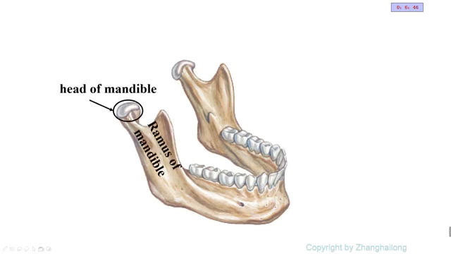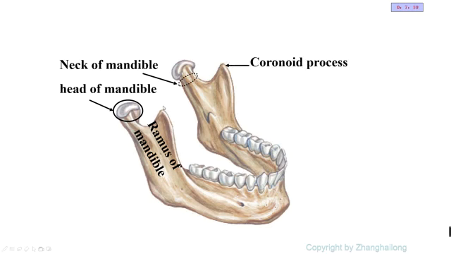Okay, now you see on the top of the ramus, there are two processes. The posterior process is the condyle of the mandible. This condyle will connect with the temporal bone to form the temporomandibular joint. And the lower part is a narrow part. This part is the neck. And the anterior process, this one is the coronoid process.